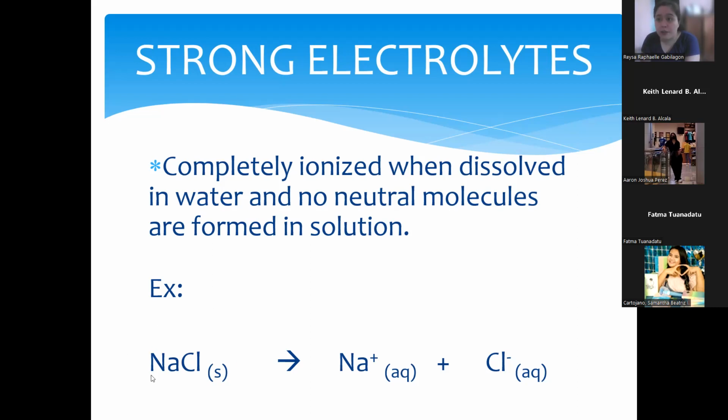So it's a neutral molecule. But pag si sodium chloride nilagay mo sa water, class, lahat yan magiging ion. Si sodium, si chloride, magiging ions yan lahat. So again, if there is complete ionization, the electrolyte is classified as strong electrolyte. Okay, I hope that is clear.